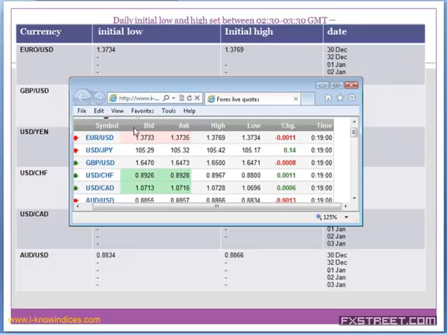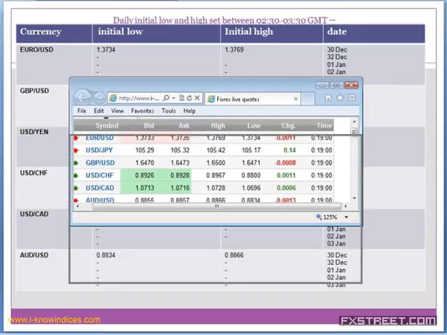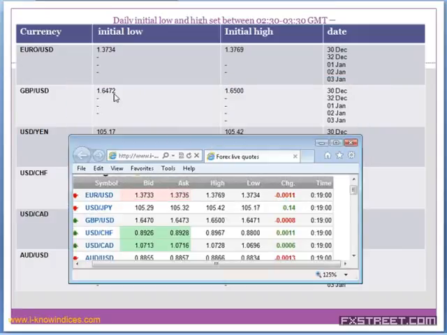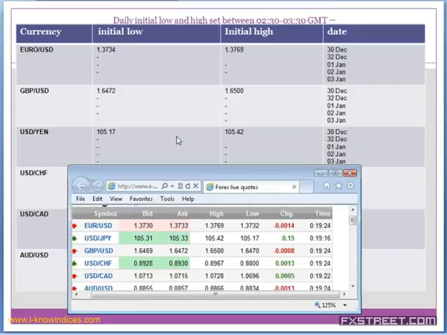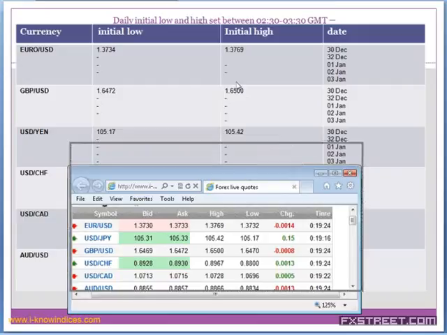And then later on, they are expected to gain the levels in the case of Euro and GBP. GBP 1.6472 was the initial low. They just breached it by 1 pip, and 1.6500 is the high that is not being breached. And in the case of yen, 105.17 and 105.42 are the low and the high, and they are not breached.